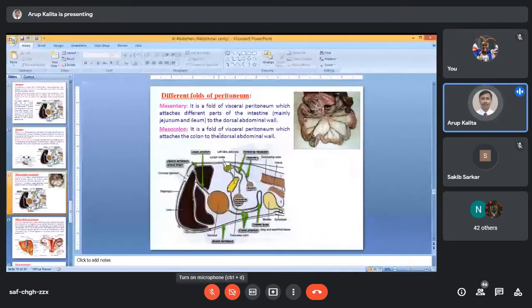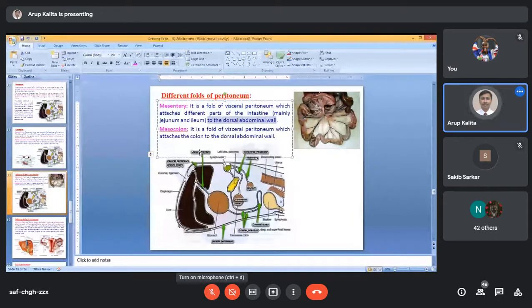Now coming to the mesentery. It is a fold of visceral peritoneum. The omentum is also a fold of visceral peritoneum. The mesentery is also a fold of visceral peritoneum. Now what is the difference? The mesentery attaches different parts of the intestine to the dorsal abdominal wall. Please concentrate.